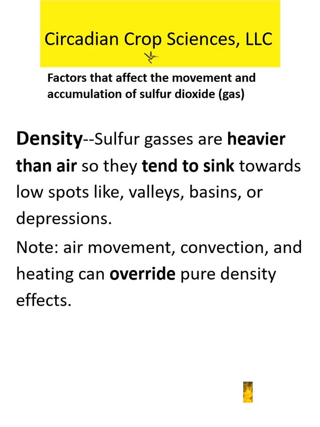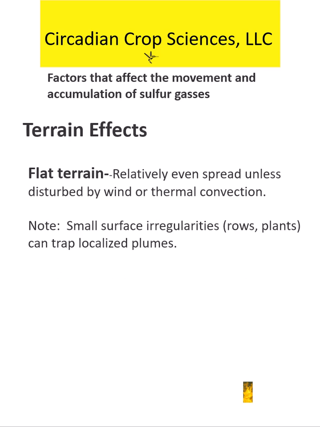Sulfur is heavier than air, so these sulfur gases tend to sink towards low spots like valleys, basins, or depressions. Note that air movement, such as convection and heating, can easily override pure density effects. The terrain affects how sulfur dioxide and sulfur vapor will spread in a field.